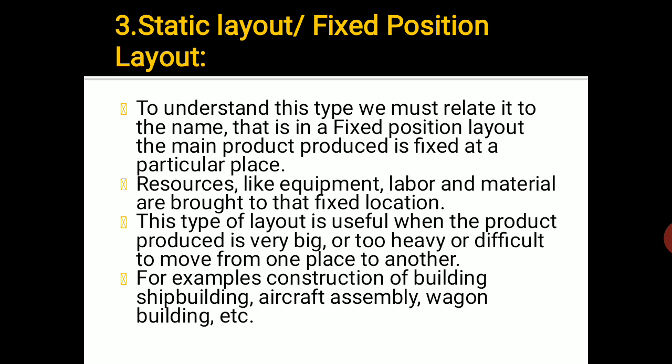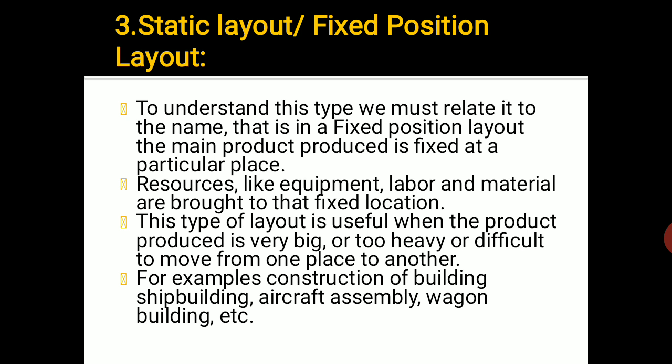In such a situation, what do we do? We bring all the facilities there and then we try to produce. When we take all the facilities to the place of production, the product is static, the product does not move. In fact, every resource moves around it. It is known as static or fixed position layout.